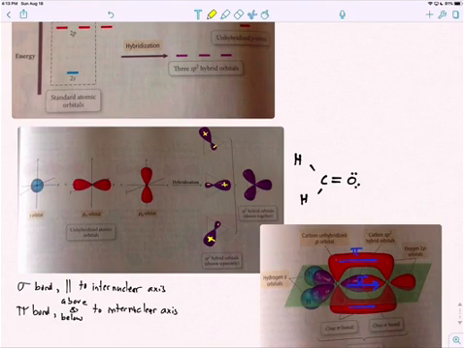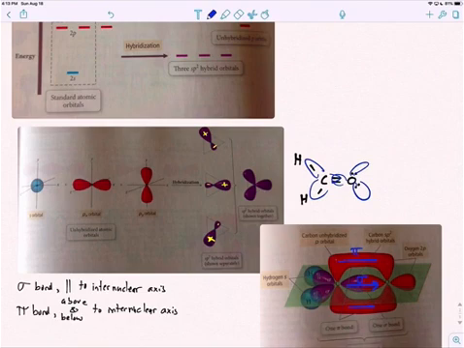So formaldehyde here is going to have three sp2 hybridized orbitals on carbon, and oxygen actually in this case is going to have sp2s as well. Both of them have sp2 orbitals.